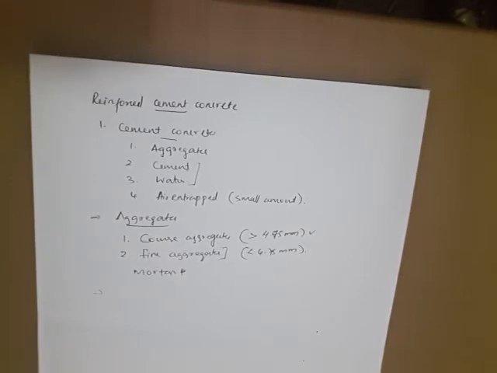And 30% of the total cost of the building will be from this reinforced cement concrete. If it is a permanent construction, 70% of the total cost of the construction will be by the concrete structure, reinforced cement concrete.